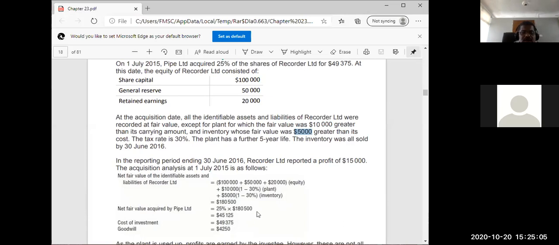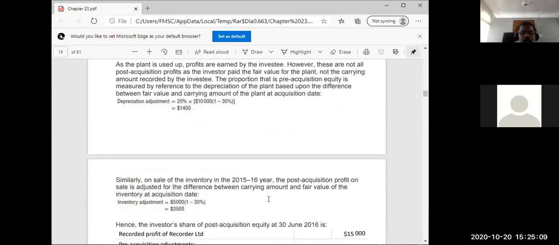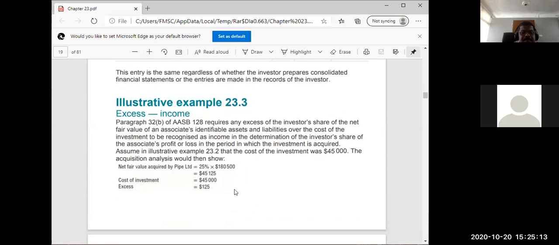In addition to that, we discussed the negative side also. I think I remember the negative side. We call it excess purchase, a bargain purchase. Here, if it is 180, you get 25%, but the cost of investment has reduced in this example to 45,000.